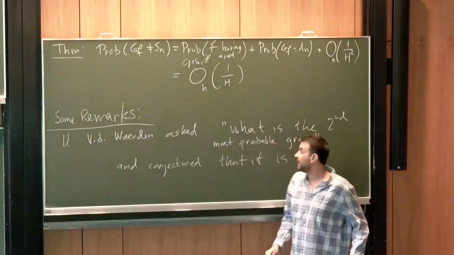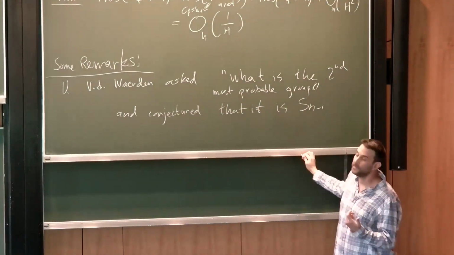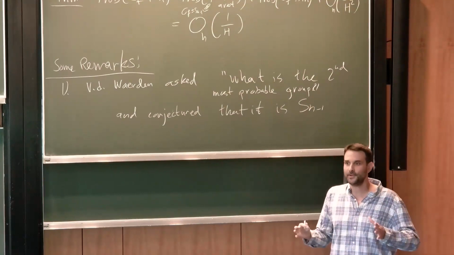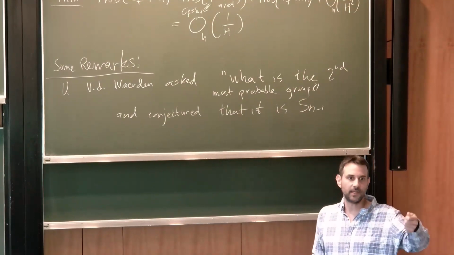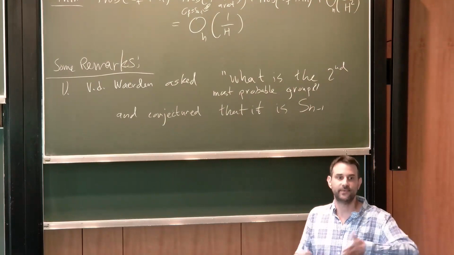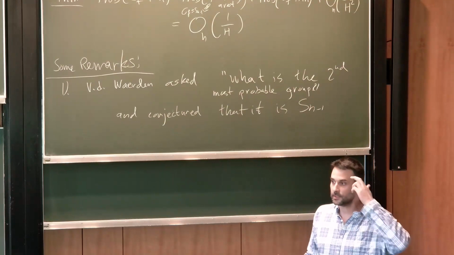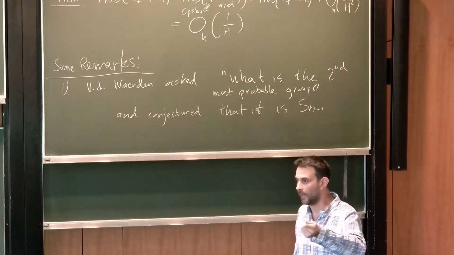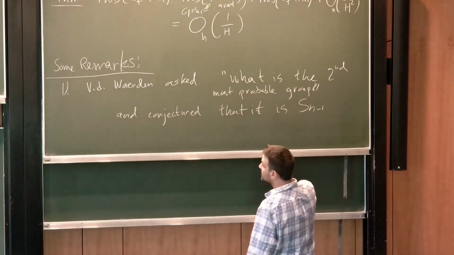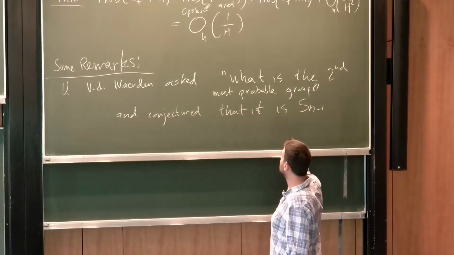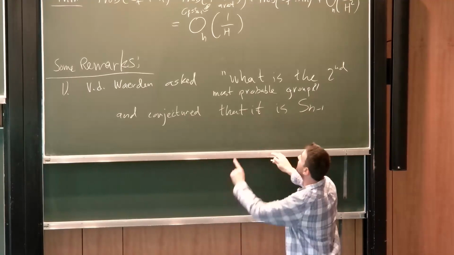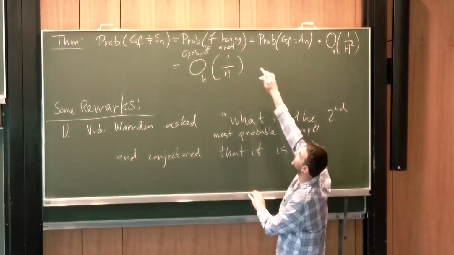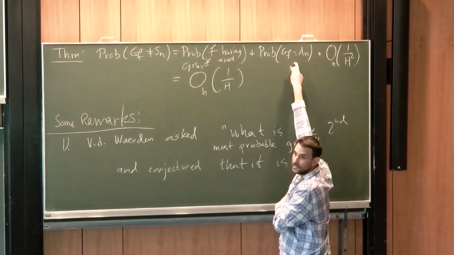So van der Waals conjectured that if you pick a polynomial and it's not with Galois group S_n, which is very rare, then almost surely you will get S_{n-1}. And this is from 1936, and it took almost 100 years to get that the second most probable group is either S_{n-1} or A_n.